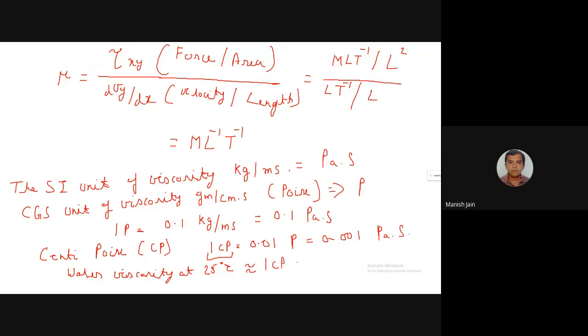You know, precisely it is 1.8 centipoise basically. But that's why centipoise is very important. So the water viscosity is taken as 1 centipoise, not 1.8 centipoise. Okay, so the water viscosity at 25 degrees centigrade is equal to 1 centipoise.